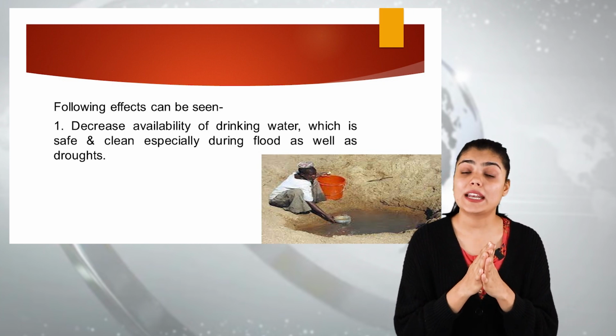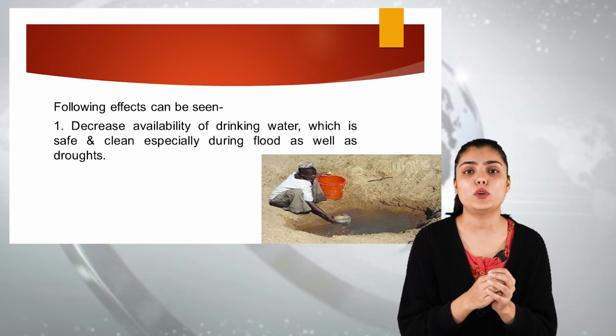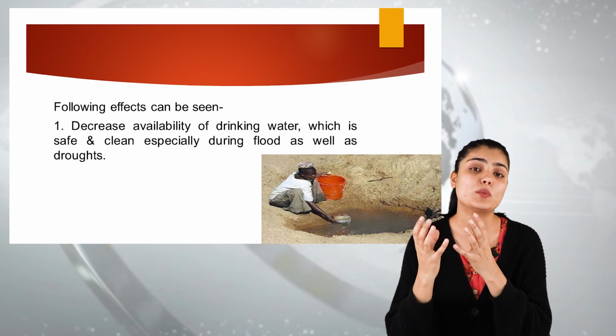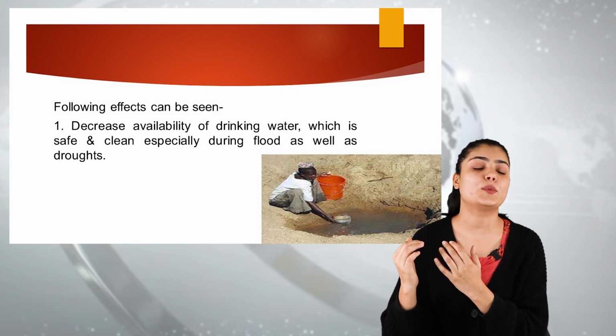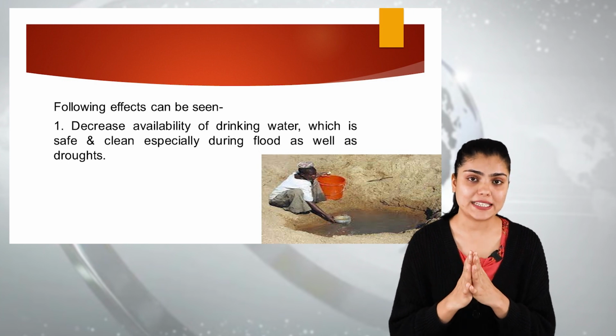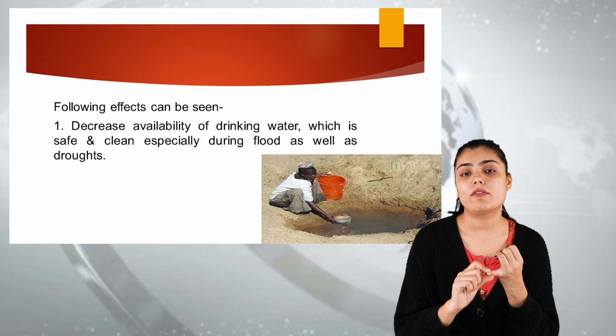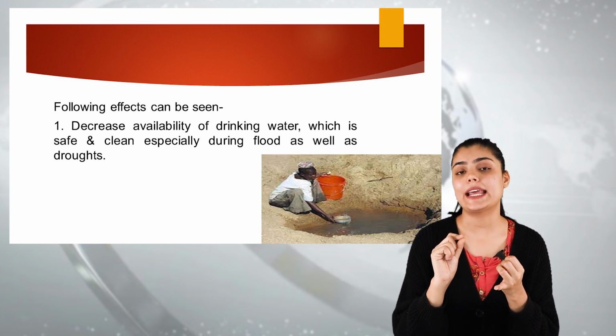From this we can understand that if there is scarcity of drinking water, which is the basic requirement of a human body, and especially clean and safe water, it is obvious that it will lead to various health problems in human beings, leading to morbidity and mortality. So the first impact of climate change on human beings is that there will be a decrease in the availability of drinking water, which is clean and safe.